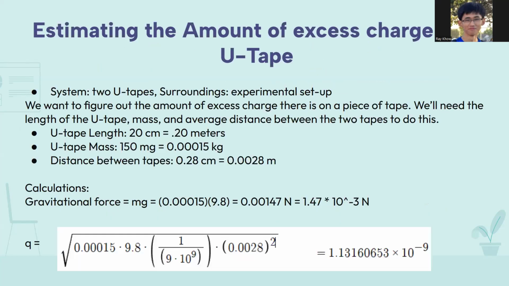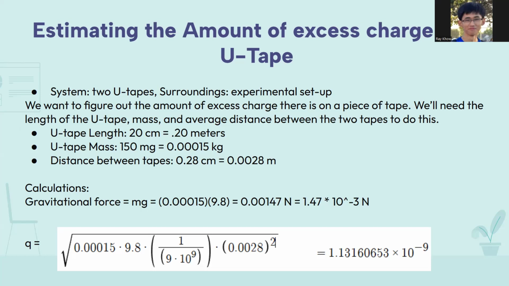Now, the main part of the experiment: the system contains the two U-tapes, and the surroundings is the experimental setup, like the two books that we placed on the side to hold the U-tape. And now these are the measurements that we got from the experiment. The basic gist of the experiment is we have a top U-tape and a bottom U-tape.